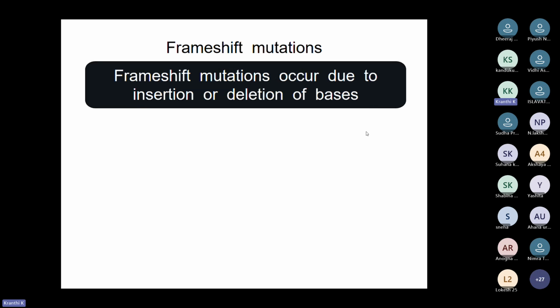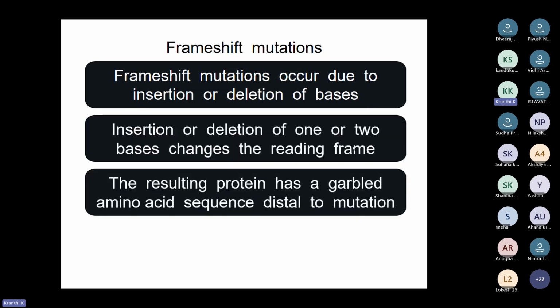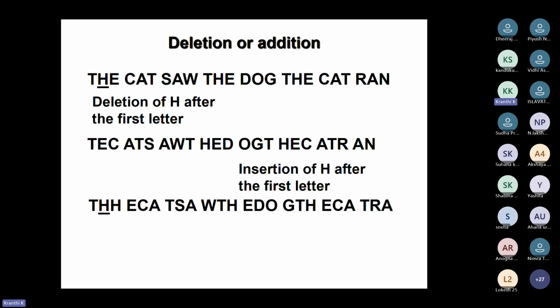Then coming to the frame shift mutation. Just now we discussed, frame shift means the complete frame is changing, means in the place of one amino acid, another amino acid is getting created. See this example: The cat saw the dog, the cat ran. We read three letters at a time, right? Here we deleted the H. Then after deleting the H, you combine all the three: TEC, ATS, AWT, HED.